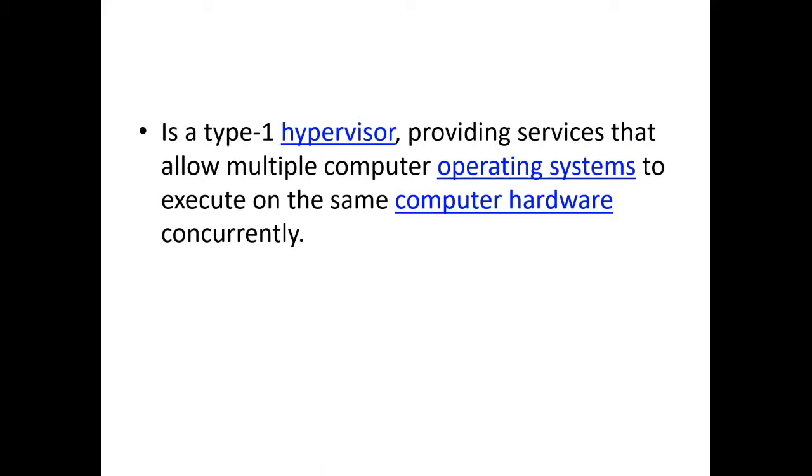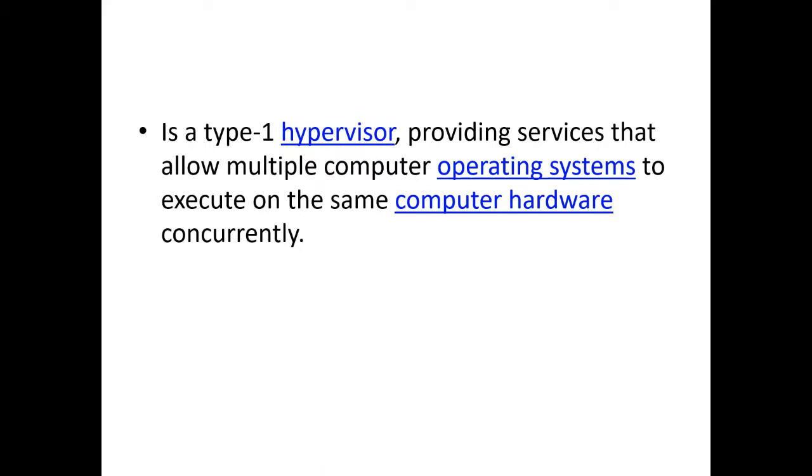So basically Xen originated as a research project by the University of Cambridge, and the first version was released in October 2003. The latest version is 4.13, which was released in December 2019.